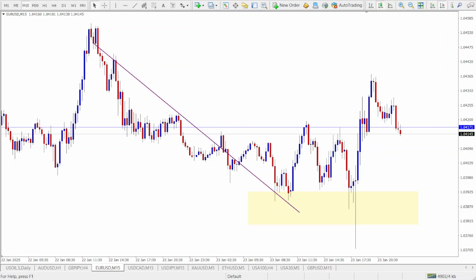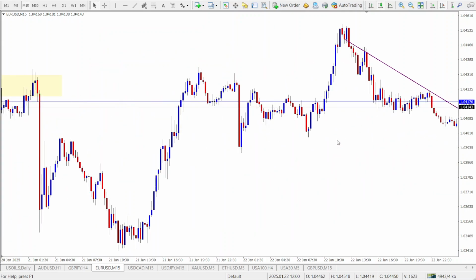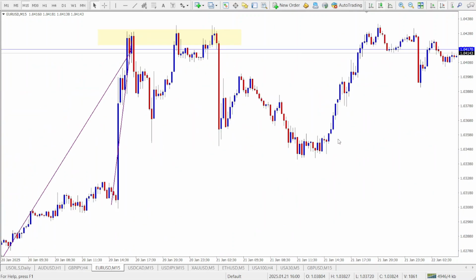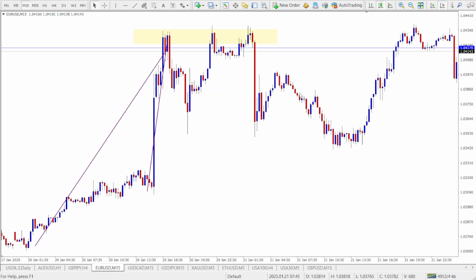Now, how do you identify supply and demand zones on a chart? Here's how to spot these zones on your price chart easily. The first thing for you to do is to look for consolidation or indecision areas. These are small ranges where price paused before making a strong move up or down.